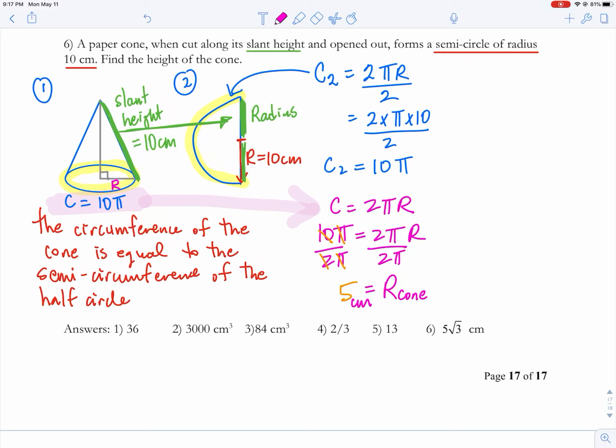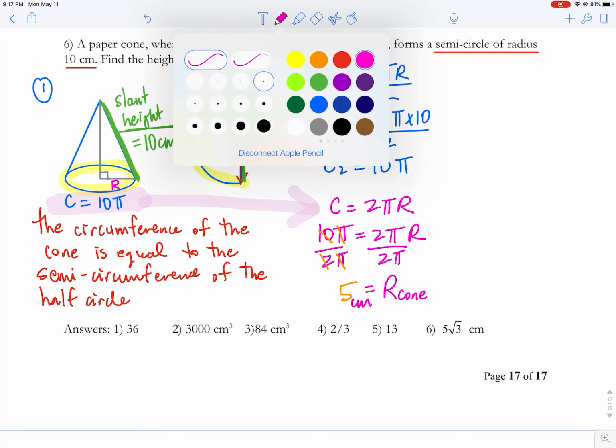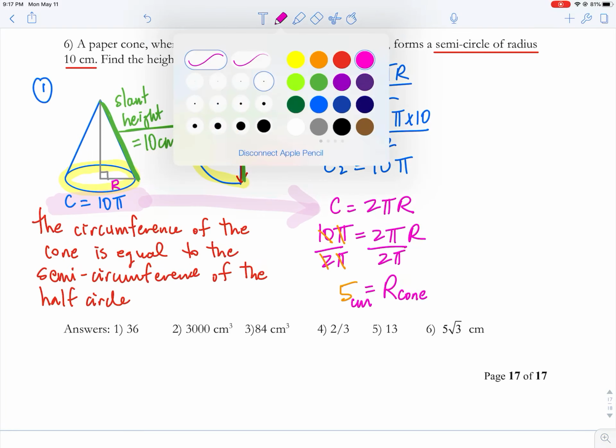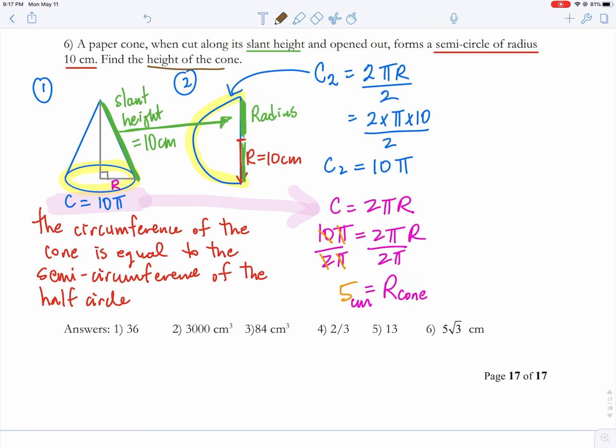And then we're almost done because, if we go back to the question, it said find the height of the cone. I'm running out of colors, so I'm going to use brown for the height of the cone.